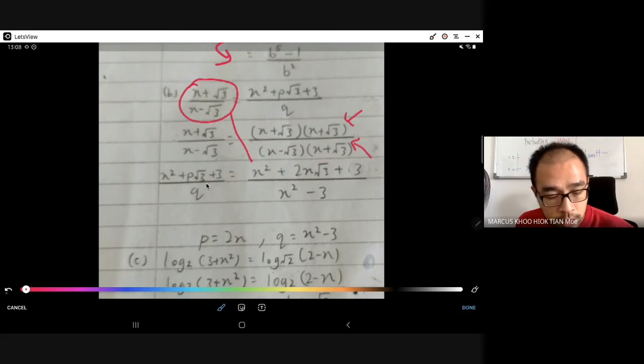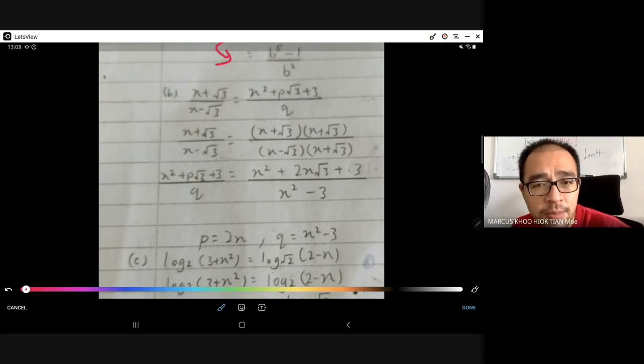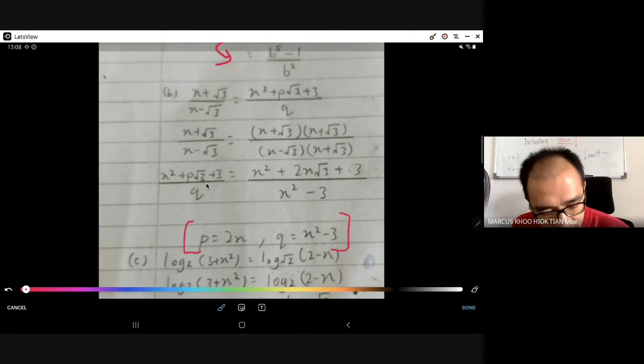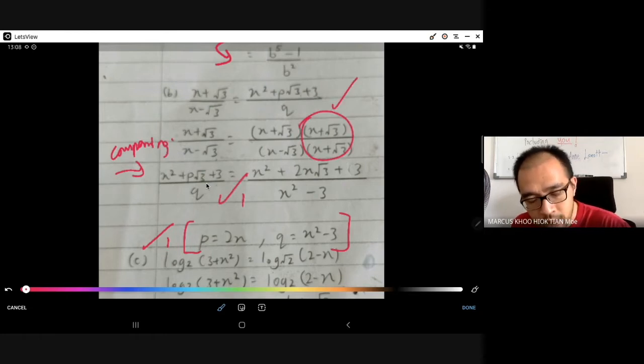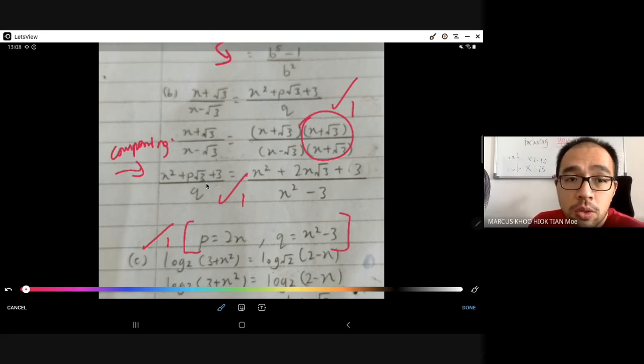So how do we split the 3 marks? This is the interesting thing. This marking scheme is very strict. Both must be correct in order to get 1 mark. When you do a comparison like this, this is 1 mark. Rationalizing is 1 mark. This particular paper seems to be very strict.